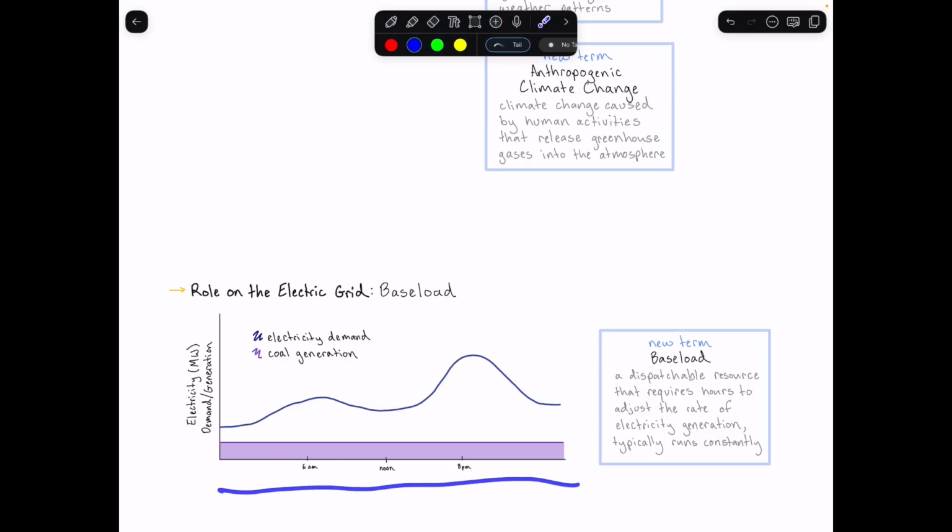The x-axis here is the time of day. So here I have 6 a.m., I've got noon, I've got 8 p.m. And then the y-axis here is the rate of electricity either being demanded by consumers like us or the rate of electricity being generated by power plants. This blue line here is an example of the rate of electricity being demanded by consumers throughout the day.